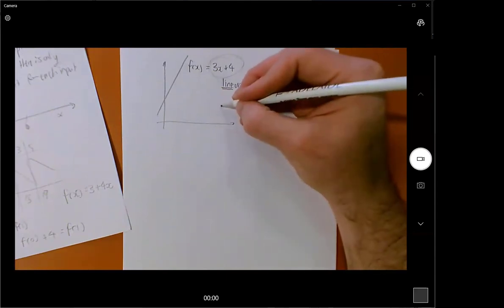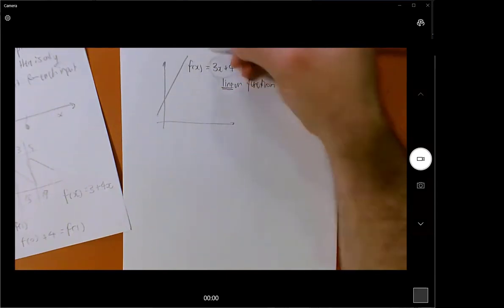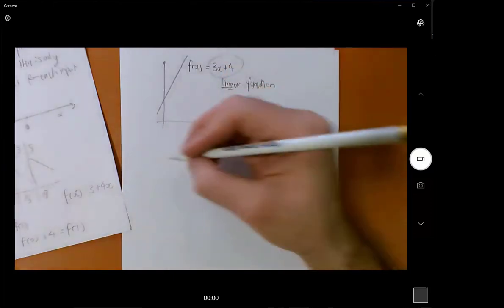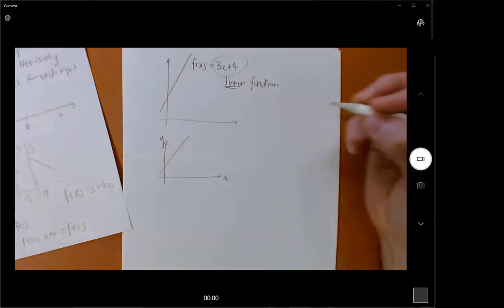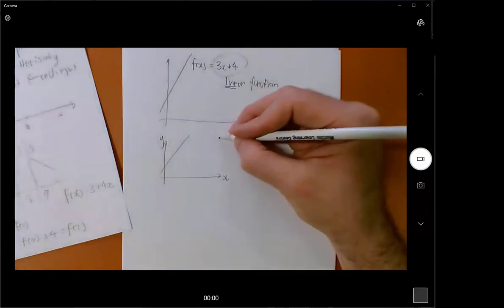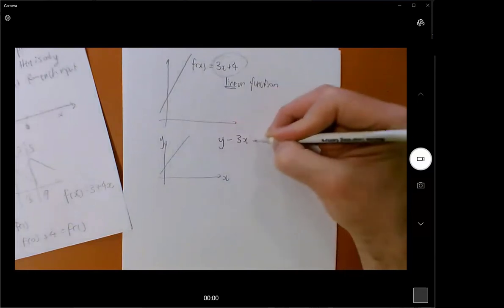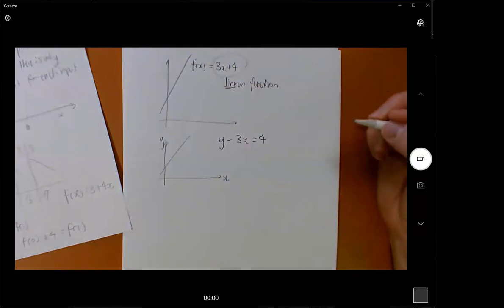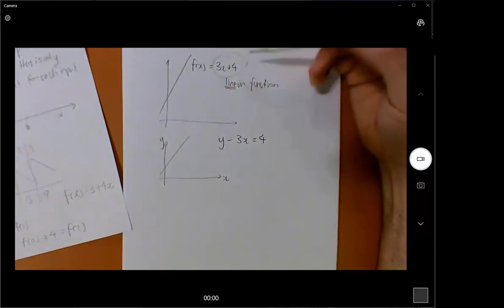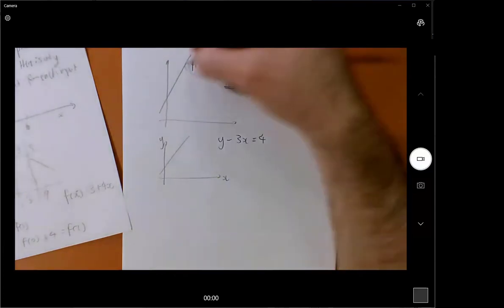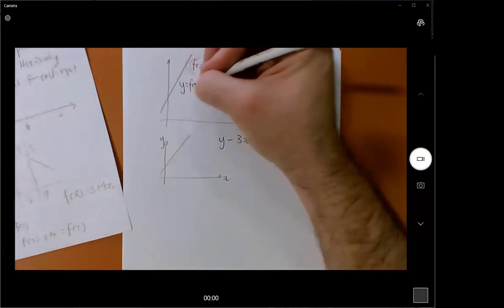So this is the graph of a function, but I could also imagine that it has a y-axis and an x-coordinate, and there's just a collection of points, and I would have, you know, y minus 3x equals 4 or something like that. That would be a perfectly appropriate equation for this line, but this is a way of writing it as a function. So technically that's the function, and the graph is y equals f of x.